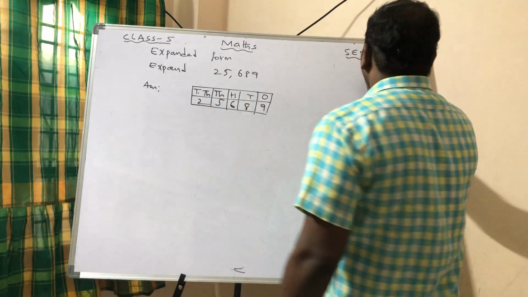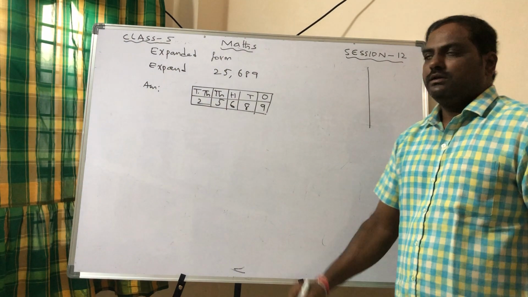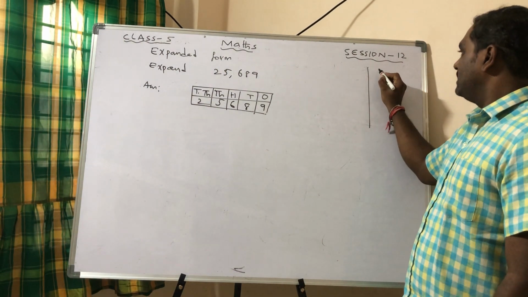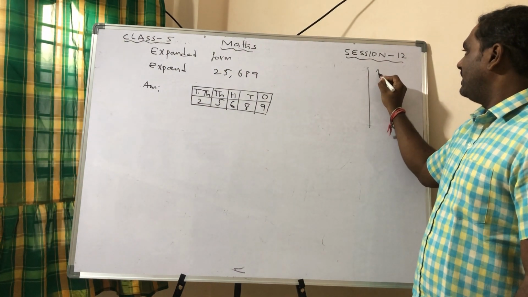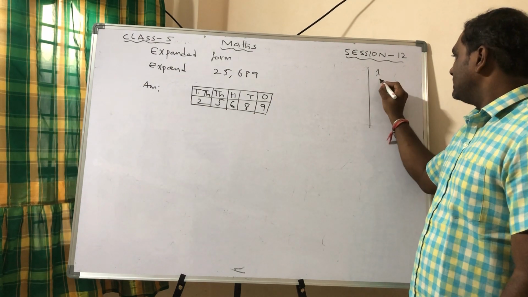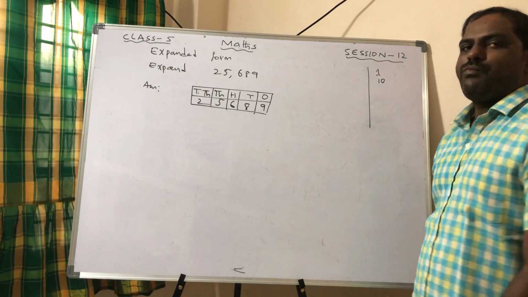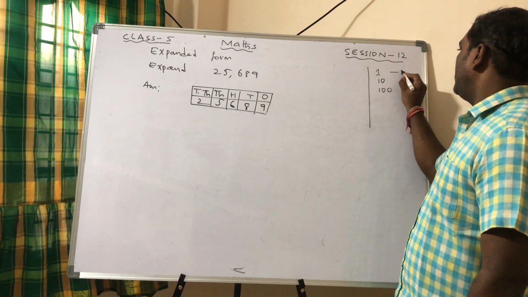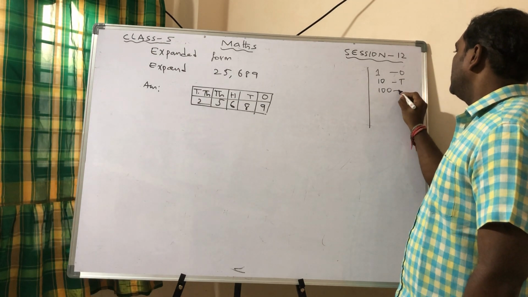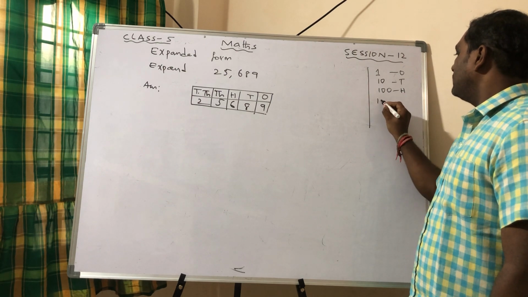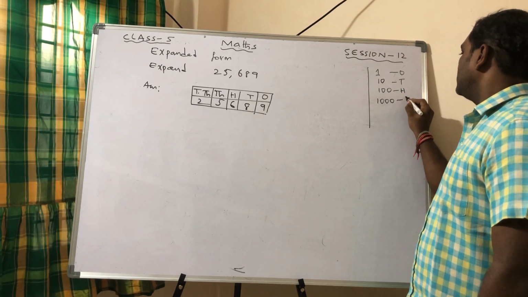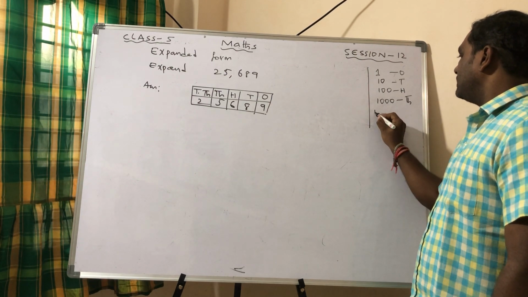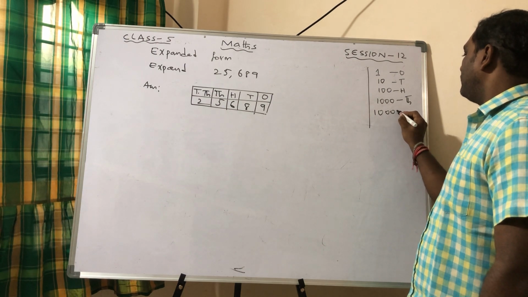Whenever you are writing the expanded form, first the ones. So it is only 1. Tens, it is 1, 0. Next, hundreds, how much was it? So it is ones, tens, hundreds, and 1,000, 1, 2, 3, 4. This is 1,000. And 10,000, 1, 2, 3, 4, 5.